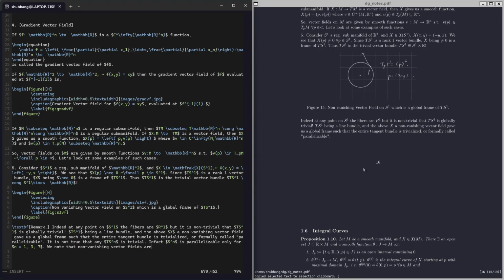We note that the non-vanishing vector fields are important to analyze the parallelizability of manifolds.